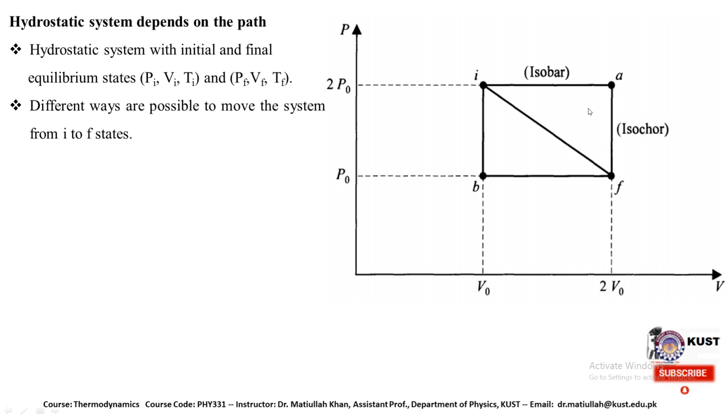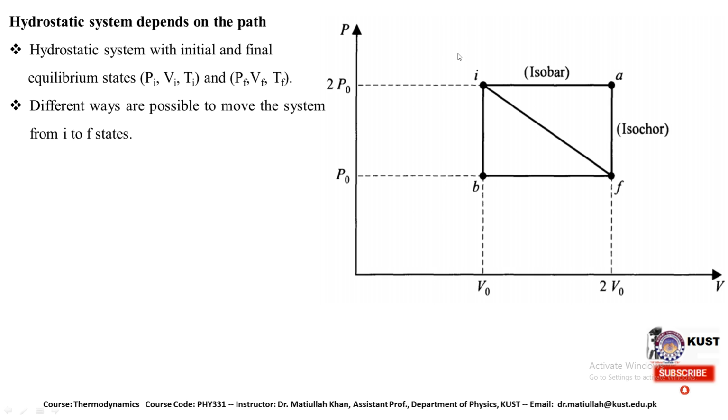There are different ways followed. One way is IAF, another way is to bring the system through IBF, and the third one is to directly take the system from I to F. We need to calculate the work done in the three different paths, and then compare whether the work done is the same or different.